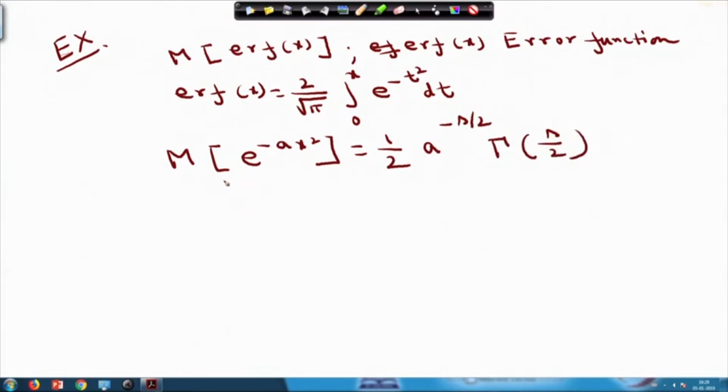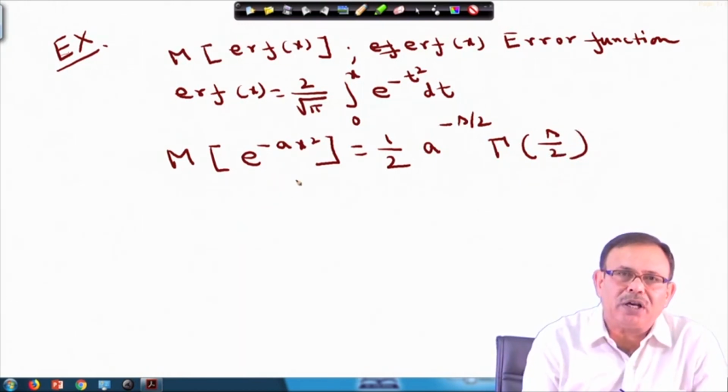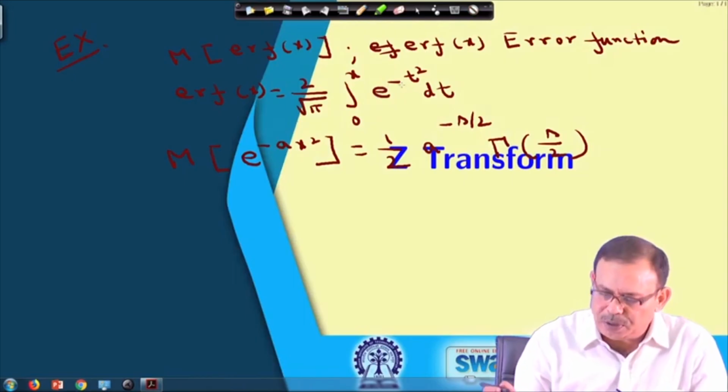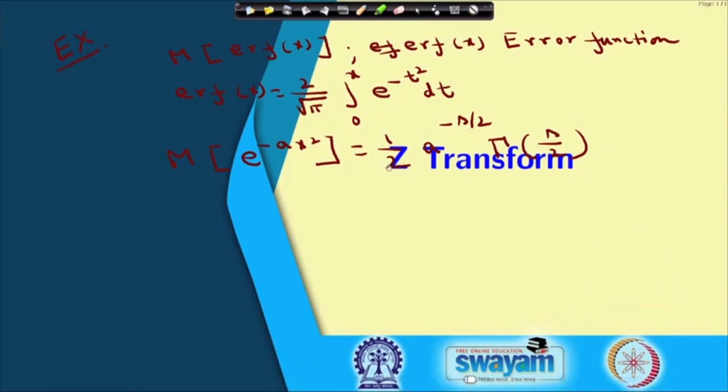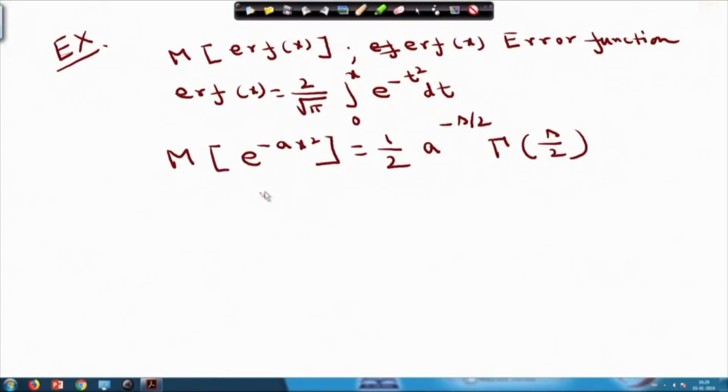So, Mellin transform of e power minus a x square equals half into a to the power minus s by 2 gamma s by 2. Basically, we are interested in e power minus t square, which is here. Since e power minus t square is here, we can just find this out from here.